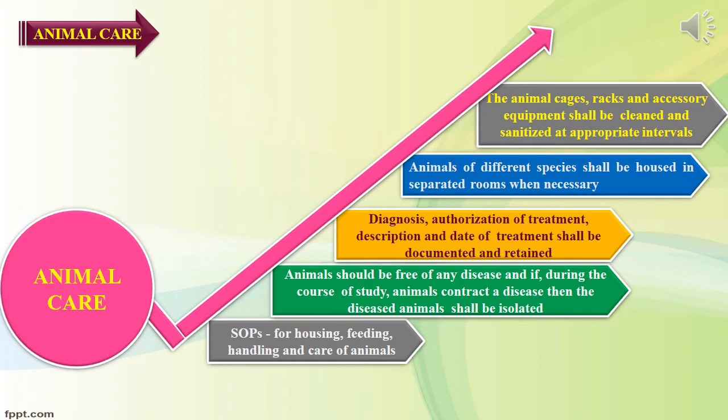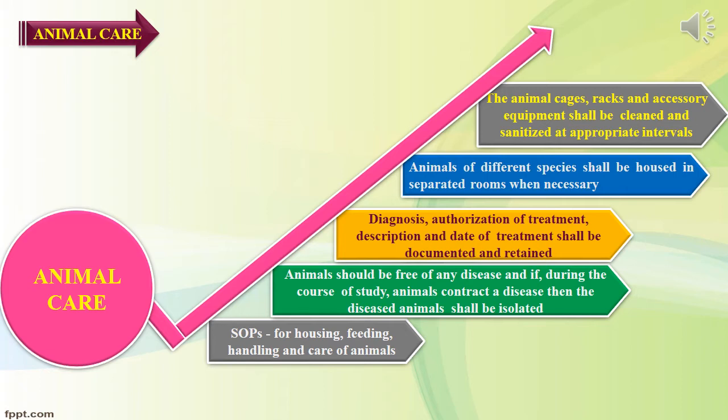And the third and most significant part of testing facilities operation is animal care. In animal caring facilities, SOPs for housing, feeding, handling and care of animals should be maintained.